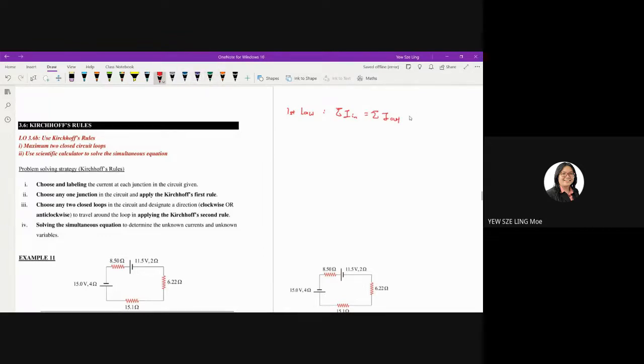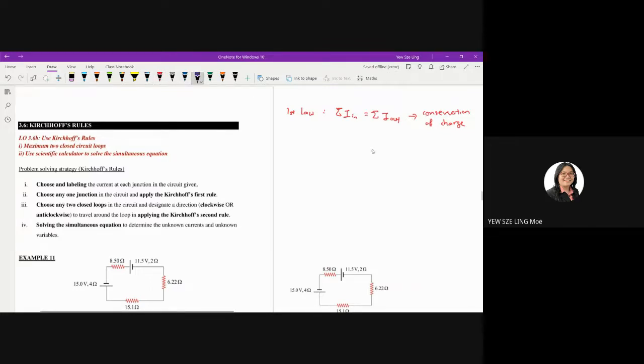Because it obeys the conservation of charge. The number of charges entering a junction must equal the total charge leaving that same junction. That's why we say conservation of charge. You look at the amount of electrons: the electrons entering must equal the electrons leaving.